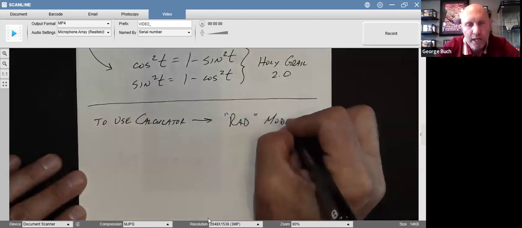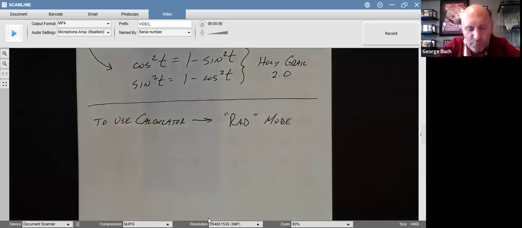If you've never changed the mode of your calculator, it's probably in degree mode, but we're not talking about degrees yet, not till maybe lesson 5, I think. Then we'll start talking about degrees. But until that point, everything we're doing is about radians. So make sure your calculator is in radian mode.